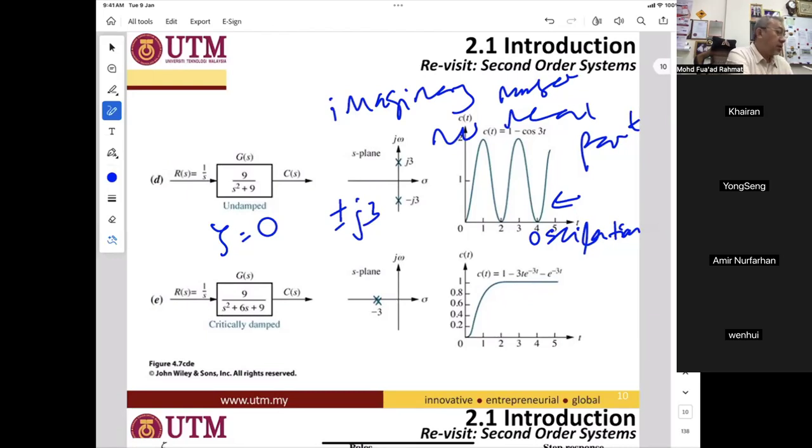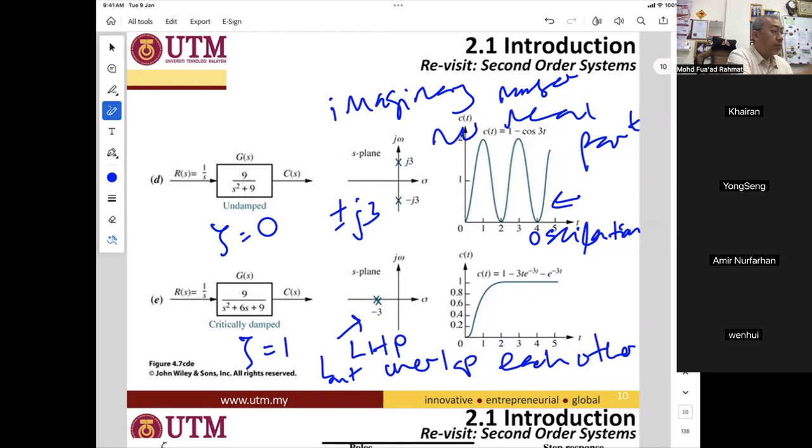The fourth one is critically damped, where zeta is equal to 1. The nature of the poles is on the left half plane, but they overlap each other, the same value.